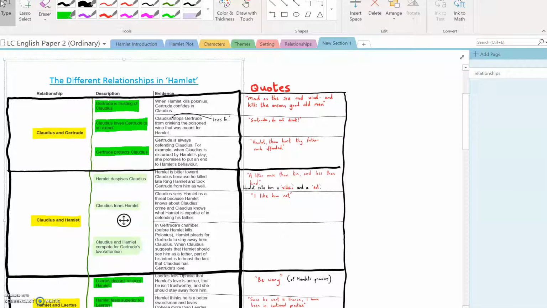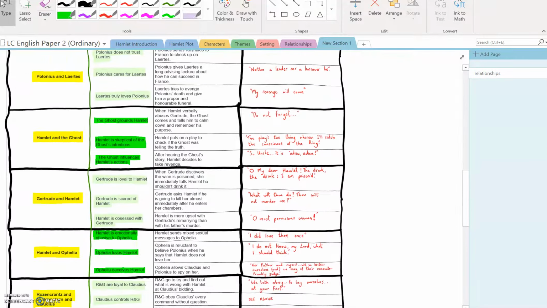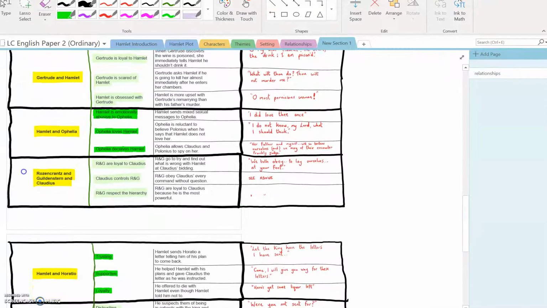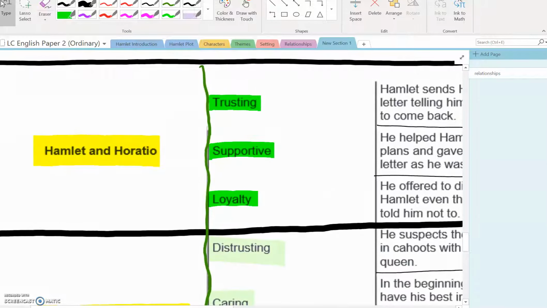There are not many of them, because Claudius and Gertrude have their problems. At the end of the day, Claudius allows Gertrude to poison herself and doesn't stop her from doing it. Claudius and Hamlet are clearly enemies. I'll cut to the chase. The only real positive and honest relationship in this play is the one between Hamlet and Horatio.